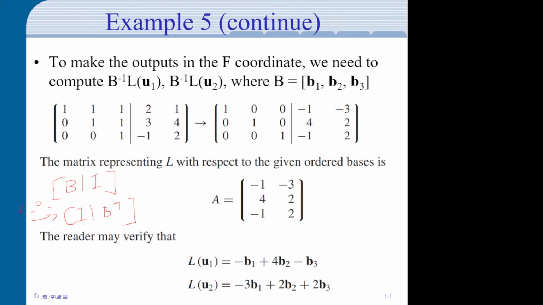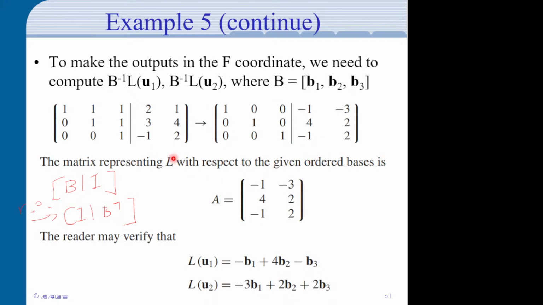Okay. So you can have a bit faster way to apply B minus 1 on both those vectors. That is, you write B here and those two vectors here, and you do Gauss-Jordan elimination and turn this side into REF, and this becomes B minus 1, and you do all the row operations on those vectors correspondingly, and this will be the B minus 1 of L of U1, and this will be the B minus 1 of L of U2.